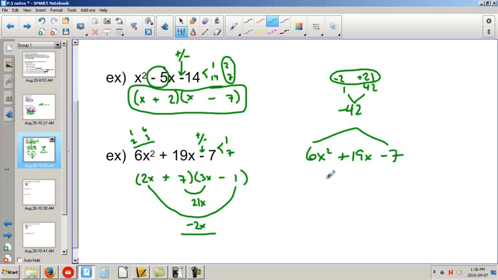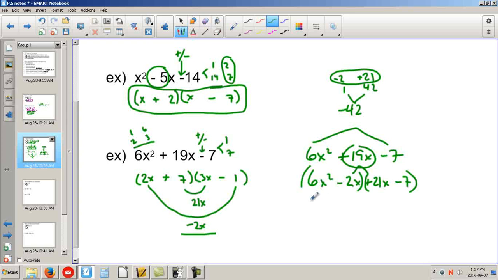So what I'm going to do is do 6x squared minus 2x plus 21x minus 7. And right here you have to understand, negative 2x plus 21x is 19x. So we're replacing it with something that's equal. And now I can do grouping that we talked about earlier. That's a plus 21.